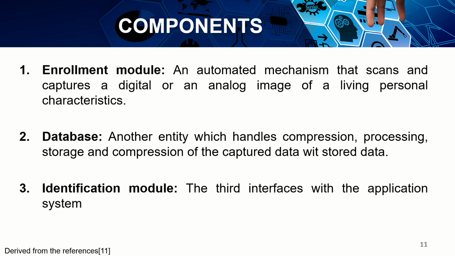And the database is another entity which handles compression, processing, and storage of captured data along with stored data. And the identification module interfaces with the application system. The identification module is similar to the verification module that I mentioned in the block diagram.